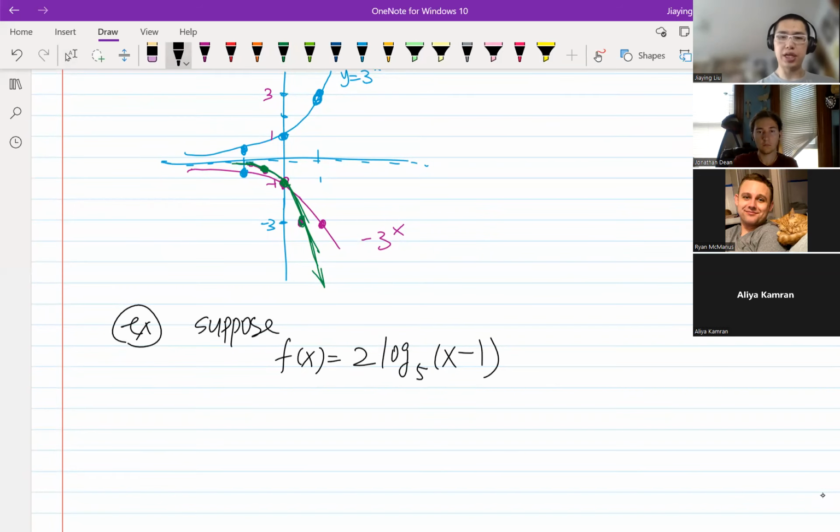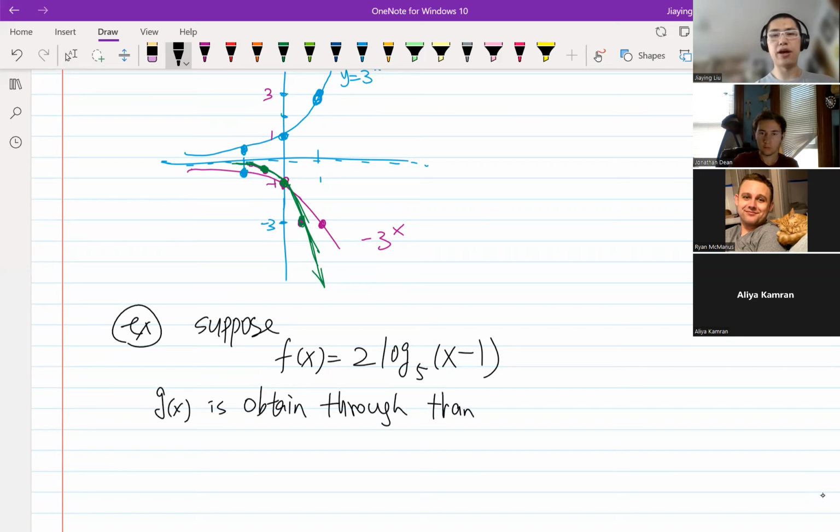I want to take this function and transform it to get g(x). So g(x) is obtained through transformations on f(x). That's the following.